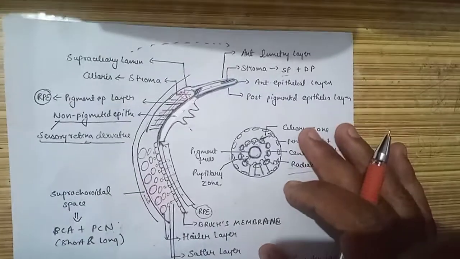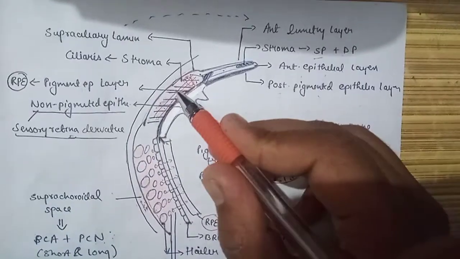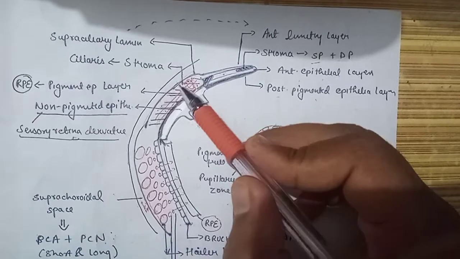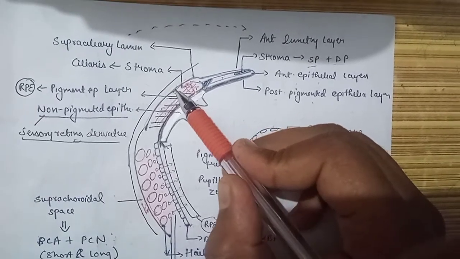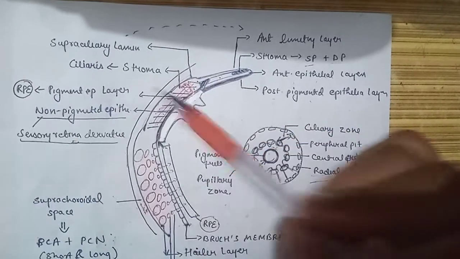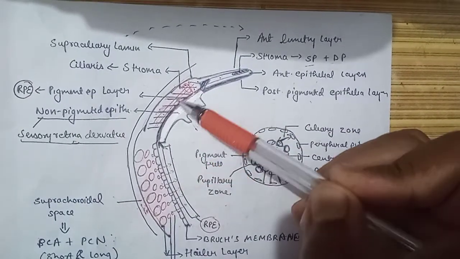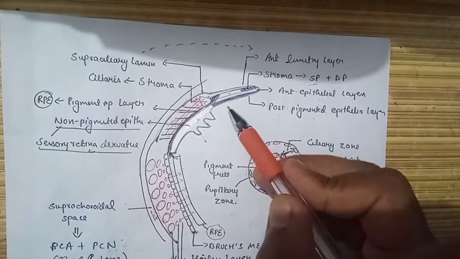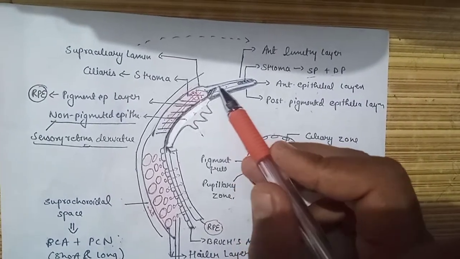Okay, so these were the four important layers of the ciliary body: the supraciliary lamina, stroma, the pigment epithelium derived from retinal pigment epithelium, and the non-pigment epithelium derived from sensory retina. Going on with the iris will make things easier.